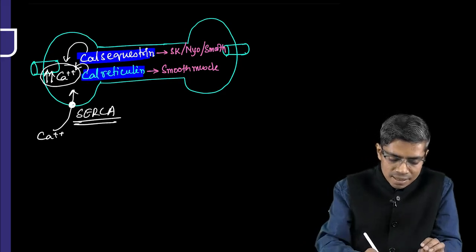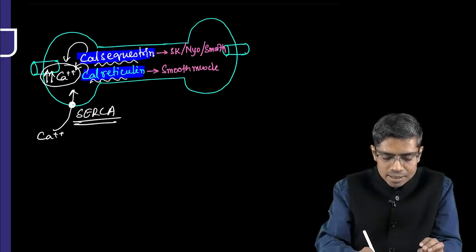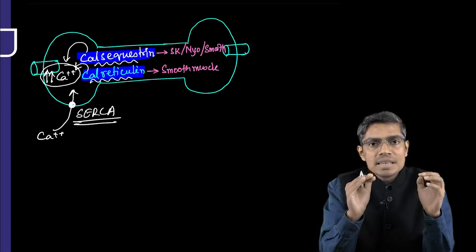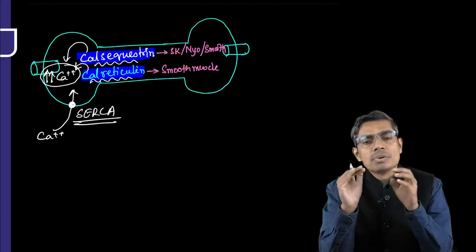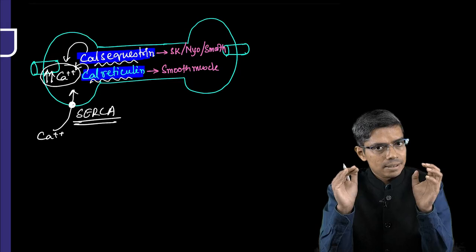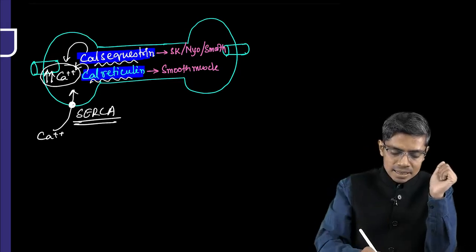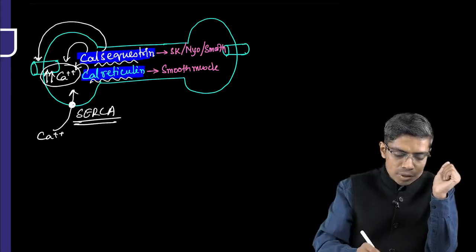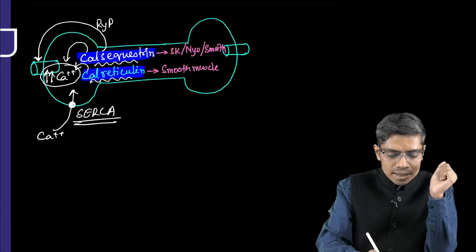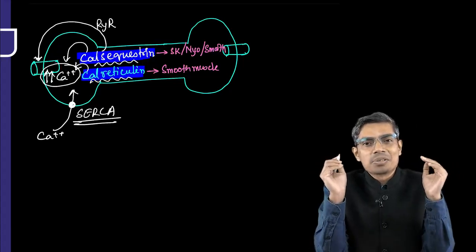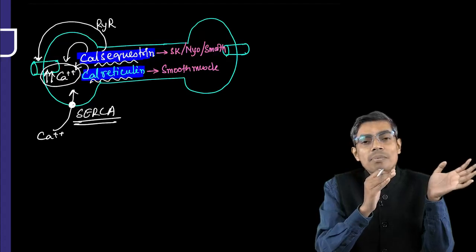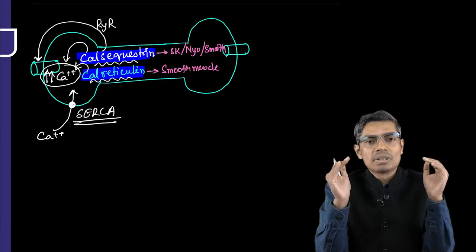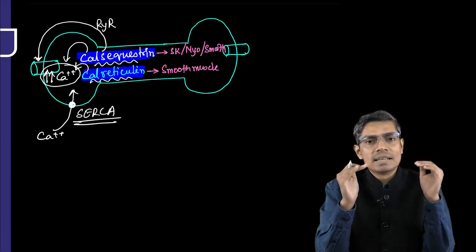That means they are calcium chelating agents. They decrease the free calcium concentration within the sarcoplasmic reticulum. Along with that, calsequestrin also regulates the opening and closing of the RYR channel. Calsequestrin is also a regulator of the RYR channel. So this is all about the first part of skeletal muscle.